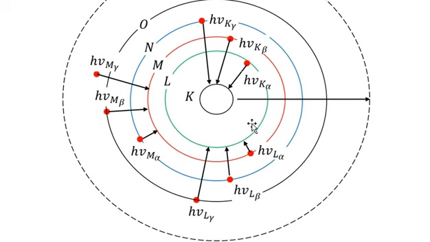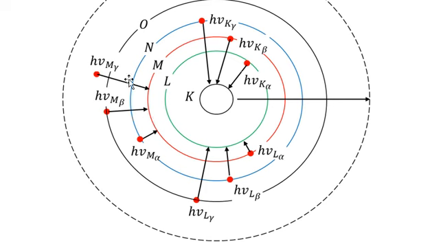So you see that in this picture I have shown you three series. The K series will occur only when a vacancy is created in the K shell, when one of the electrons in the K shell is removed. The L series is created when an electron from the L shell is removed or ionized, and the electrons in the surrounding shells will come to fill this vacancy.